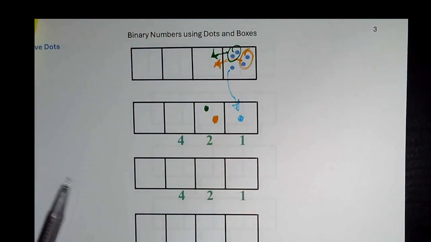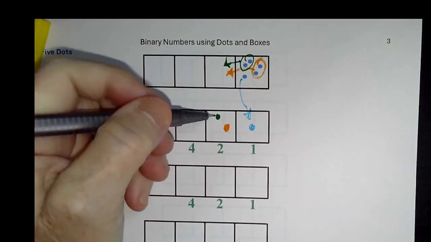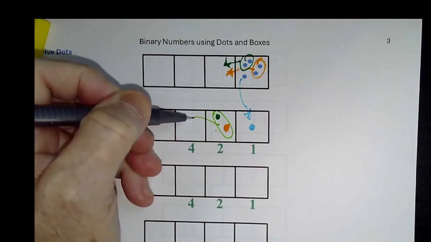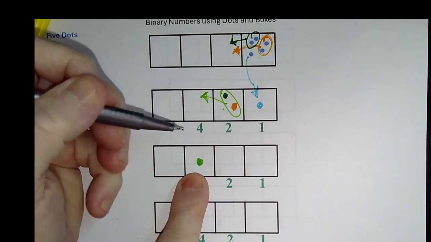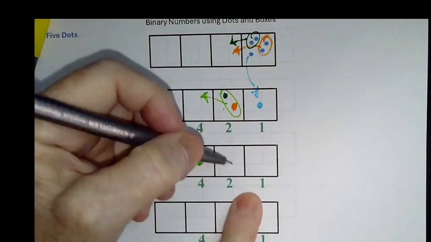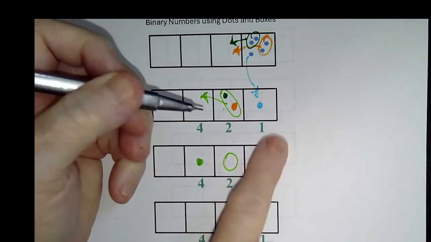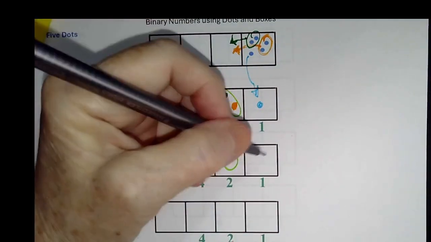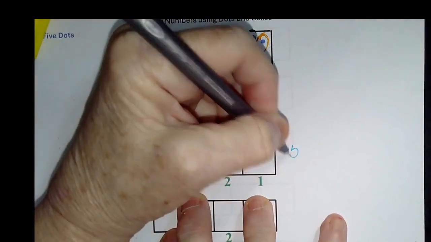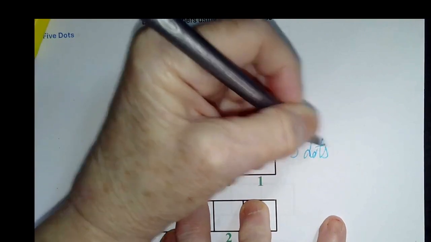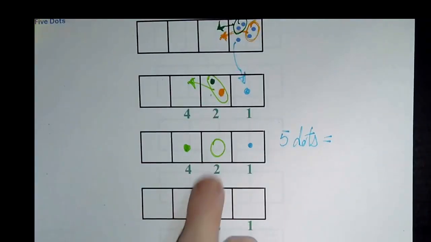These 2 dots in the twos place will explode to make 1 dot in the fours place. So we have 1 dot in the fours, we have nothing in the twos, and we have 1 dot in the ones place. That means that 5 dots is the same as 1, 0, 1.